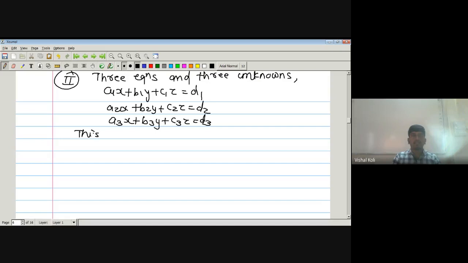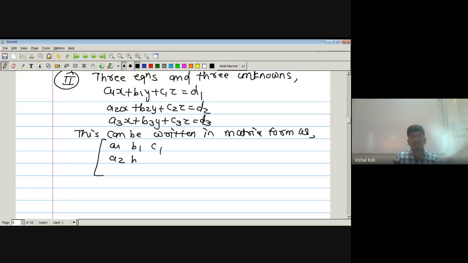Again, this can be written in matrix form as the matrix with three rows and three columns, [a1 b1 c1; a2 b2 c2; a3 b3 c3], into the matrix of unknowns [x; y; z], equal to the arbitrary constants [d1; d2; d3], where d1, d2, d3 may or may not be 0.